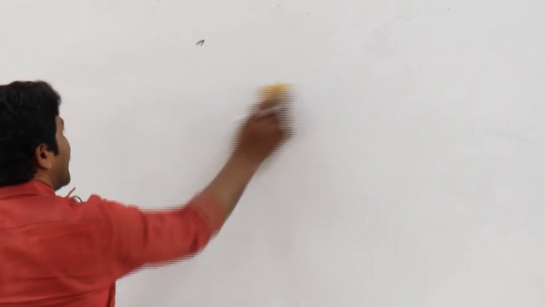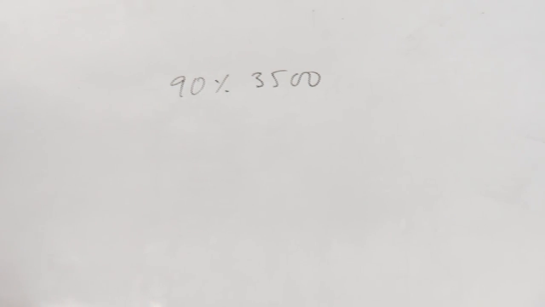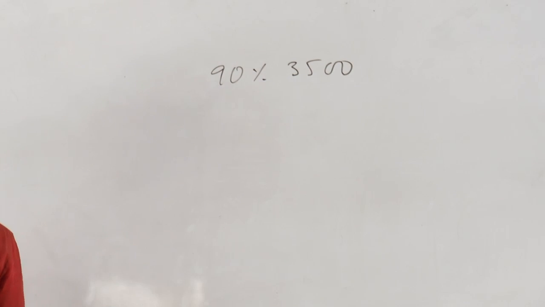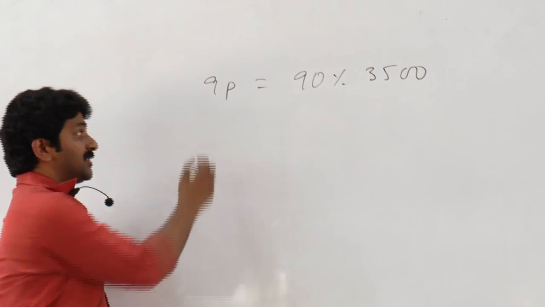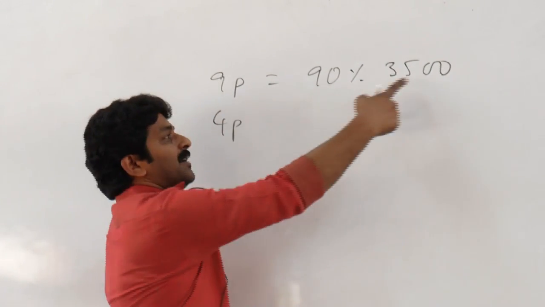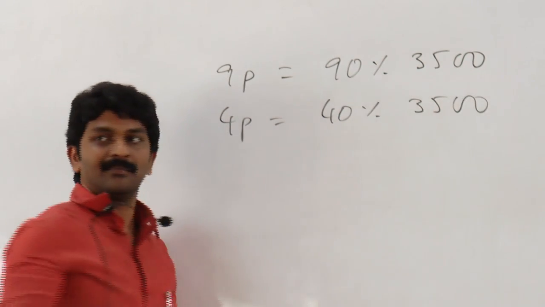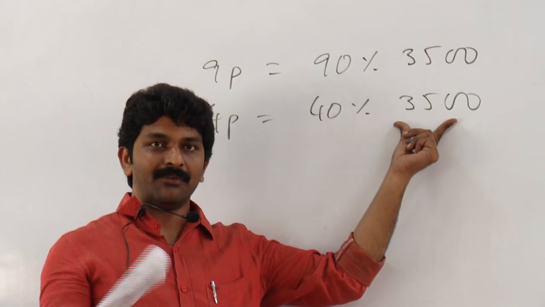Now, this is for company D. Total number of books distributed by company D is 90% of 3500, which is divided into how many parts? 9 parts. Academic to non-academic books are in the ratio 5:4, 5 parts, 4 parts, total 9 parts. And you are asked about non-academic books, which are 4 parts. If 9 parts is 90% of 3500, 4 parts will be 40% of 3500. 10% is 350, 40% will be double and double. 350 double 700, double 1400.